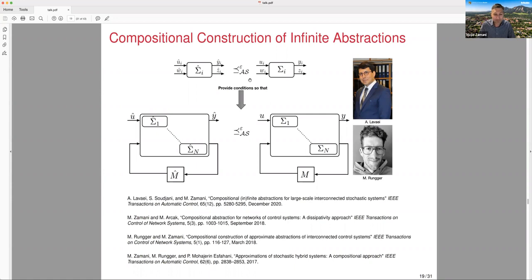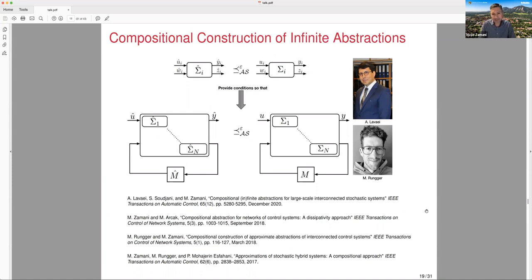And then we provide some compositionality condition under which you just need to connect those reduced order models with a new topology called M hat, and we know how to build M hat using M, for which this interconnection mimics the behavior of this interconnection. So now, rather than working with the concrete interconnection, you work with the virtual interconnection, and you try to build the abstraction for this virtual interconnected system.